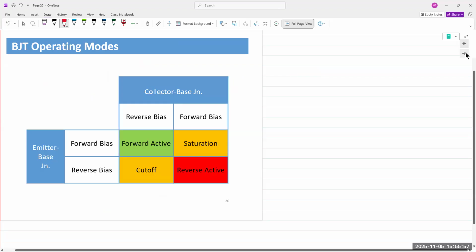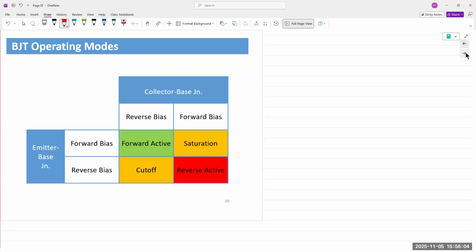A few more minutes left. Let's talk about operating modes. So we have the collector-base junction and we have the emitter-base junction. We spoke about operation of the device where the emitter-base junction is forward biased and the collector-base junction is reverse biased. This is known as the forward active mode of operation.